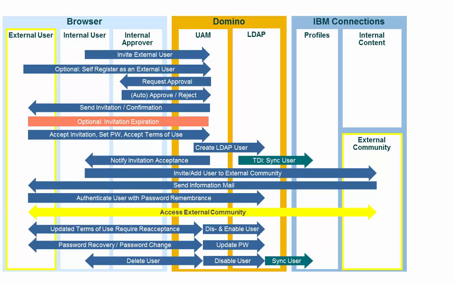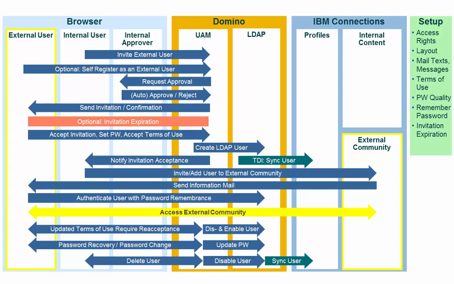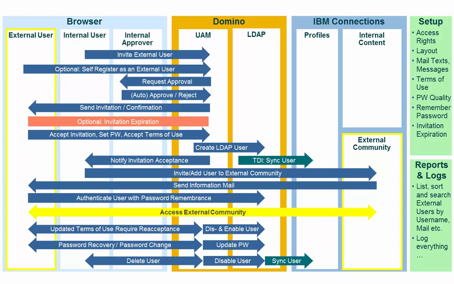You can adapt UAM easily to your requirements, including the access rights, the layout, the mail texts, the messages, the terms of use, the password quality, the password storage, the period for the invitation expiration, and much more. UAM also helps you to keep track of all external users.